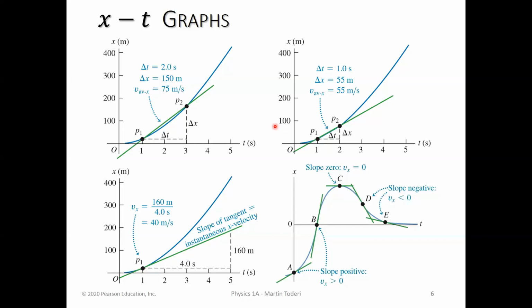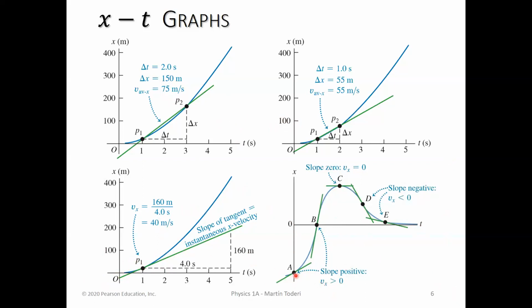It's fairly interesting, so we can think about what we've reviewed with these other graphs. So we have a particle, remember, which is going on a straight line, but the way the position changes is different in this case.